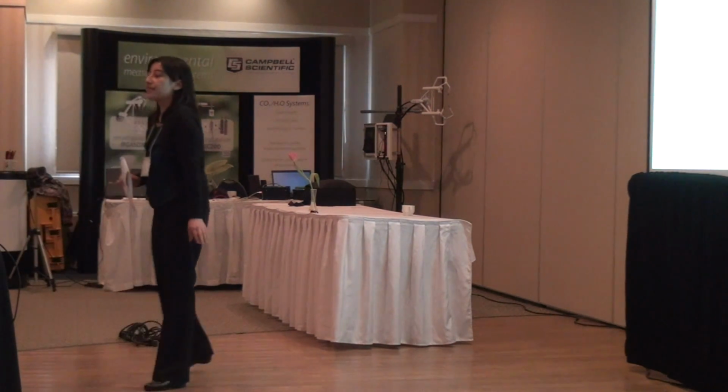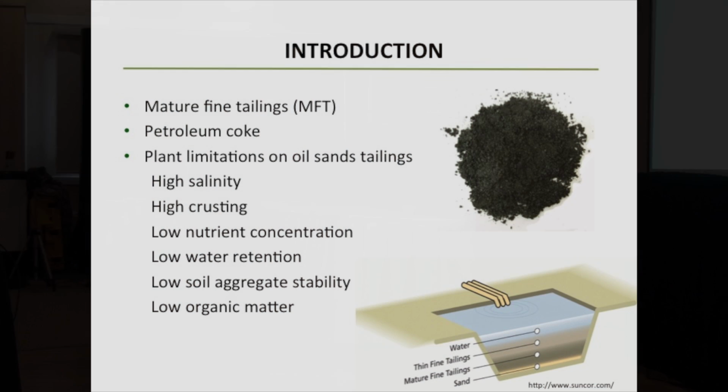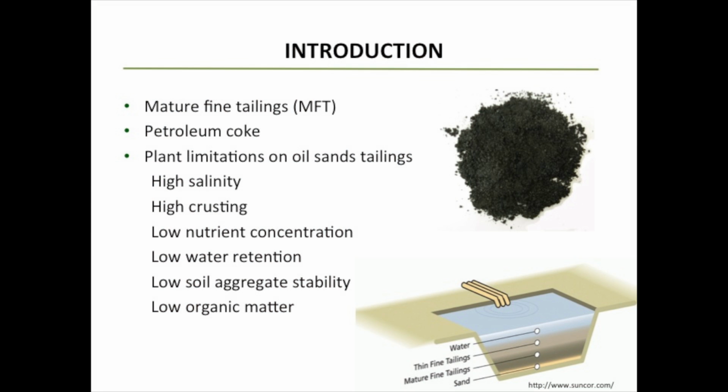First, I work with mature fine tailings, called MFT. Mature fine tailings are silt and clay material suspended in water, and they have high concentrations of sulfur, sulfate, and also some chlorine and other compounds that could be phytotoxic for plants.